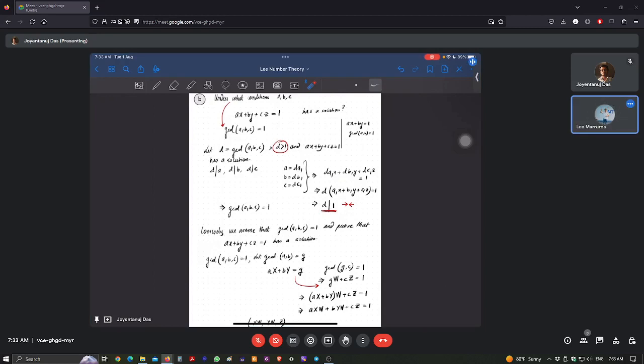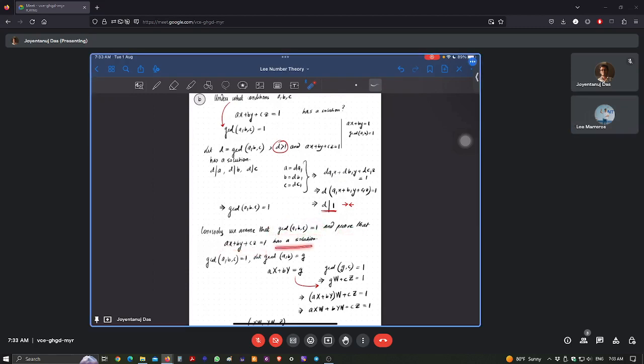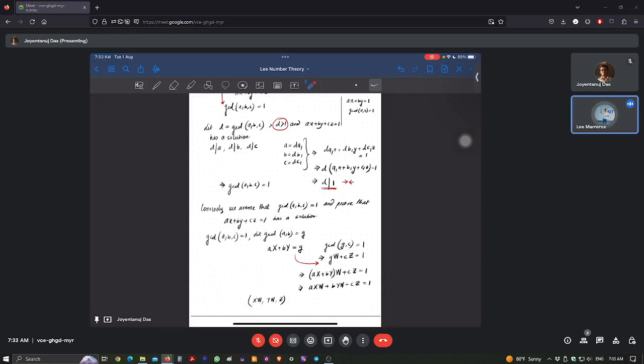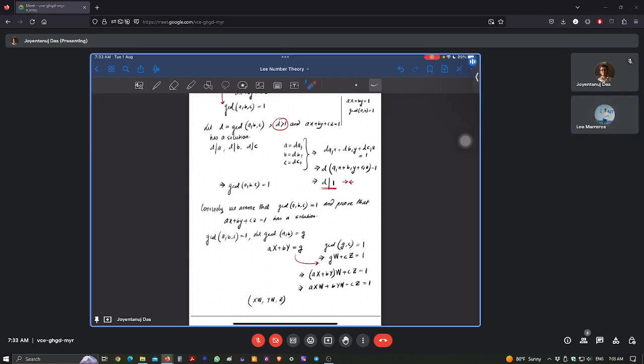And conversely, we assume that the GCD is 1 and prove that this linear equation has a solution. We assume the GCD is 1, and the GCD of A and B is some G. By the Euclidean algorithm, I know that there exists a solution to this linear equation: capital X and capital Y can be found using the Euclidean algorithm.